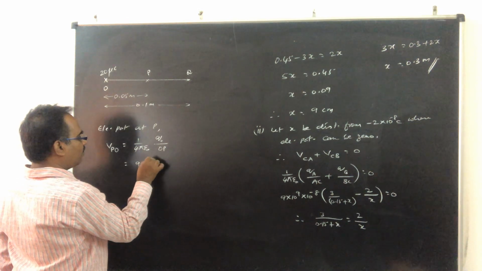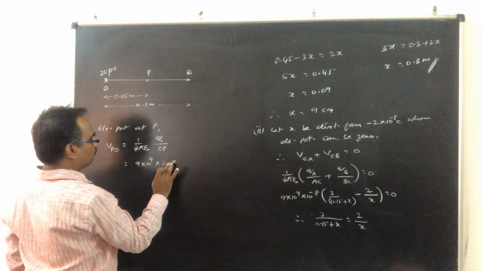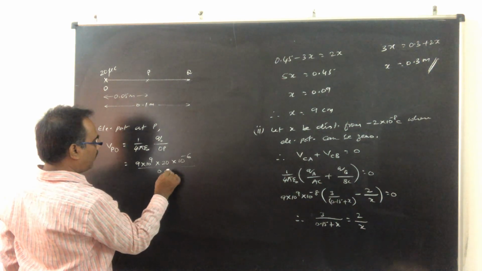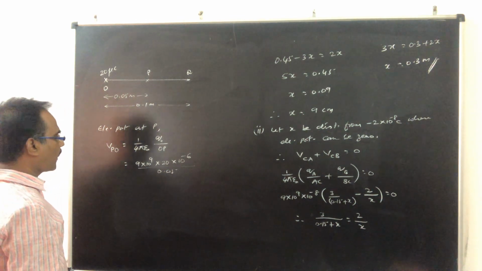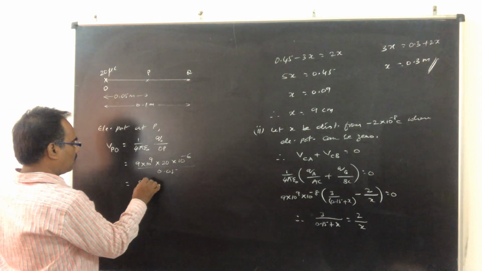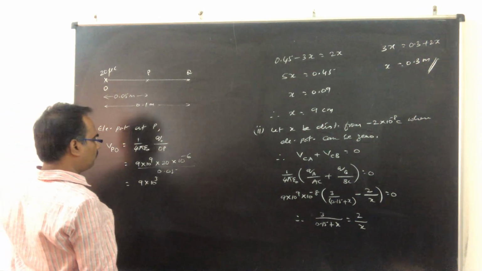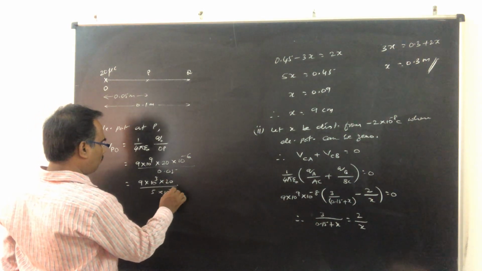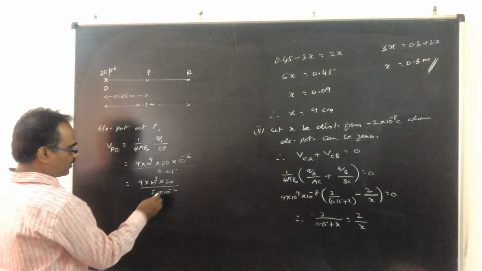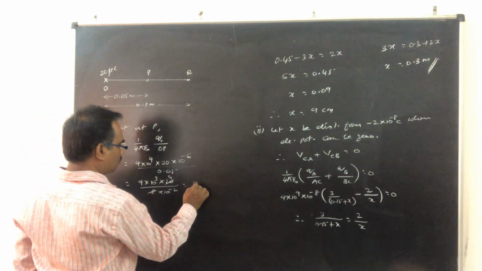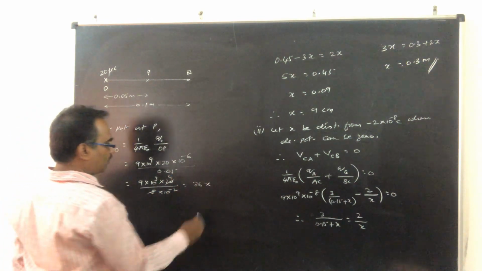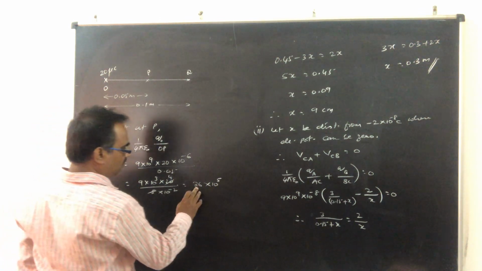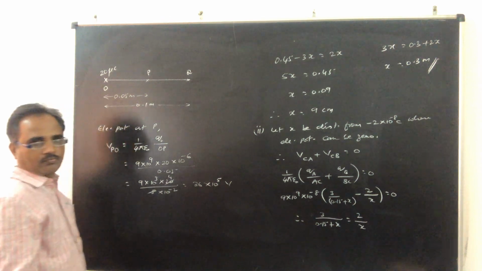So this is 9 into 10 to the power of 9, 20 into 10 to the power of minus 6 divided by 0.05. So this is 9 into 10 to the power of 3, 20 divided by 5 into 10 to the power of minus 2, so it cancels 4 times. So it is 36 into 10 to the power of 5. 36 into 10 to the power of 5 volt.